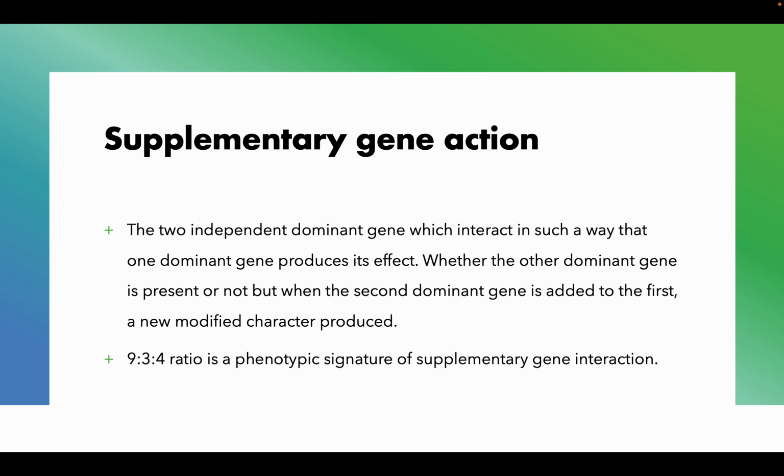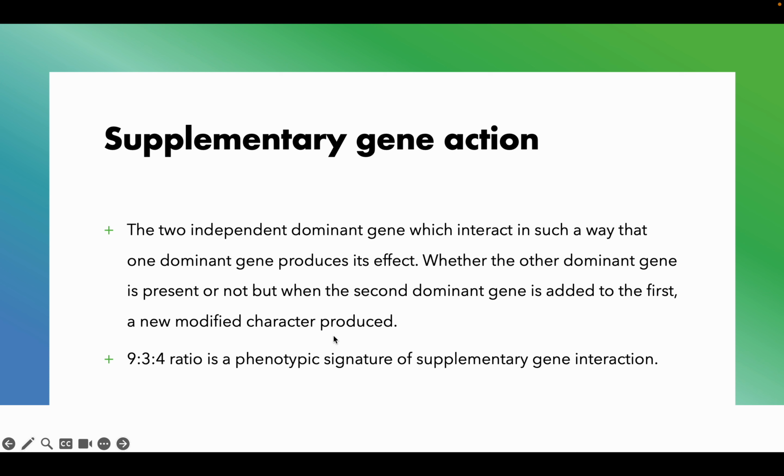Next is the supplementary gene interaction, as I have explained in brief before. They interact in a way that one dominant gene produces its effect whether the other one is present or not. But when the second one is present, a new character is produced.